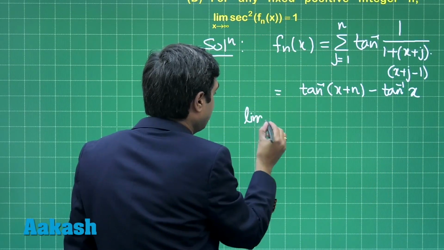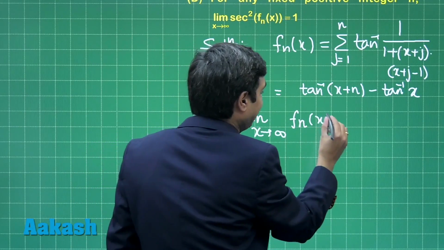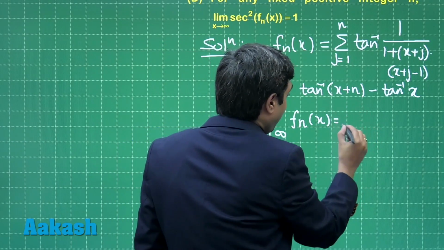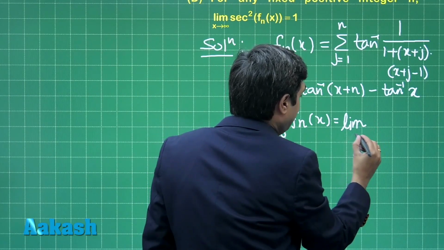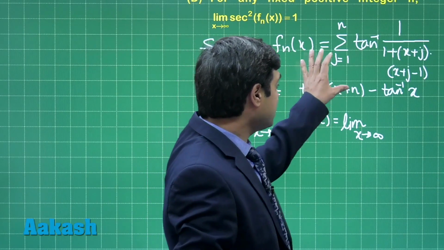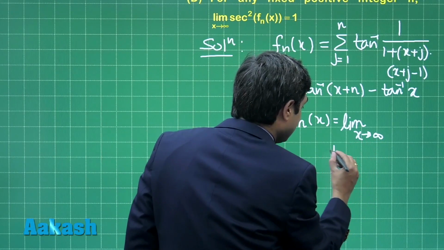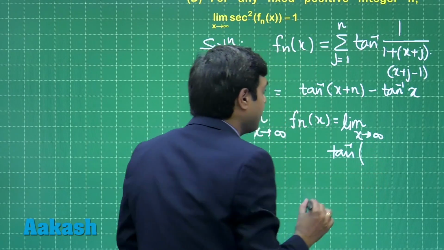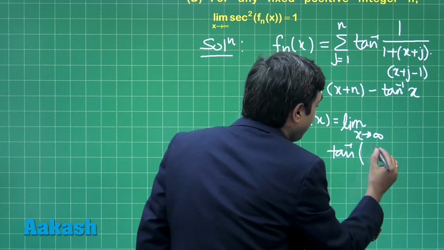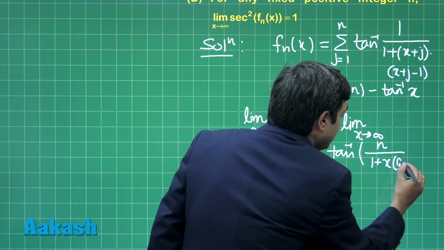Limit x approaching to infinity fn(x) is equal to, we can also write this term as limit x approaching to infinity, tan inverse (x plus n) minus tan inverse x, which can further be simplified by applying tan inverse x minus tan inverse y, that gives you tan inverse of n in numerator divided by 1 plus x into (x plus n).